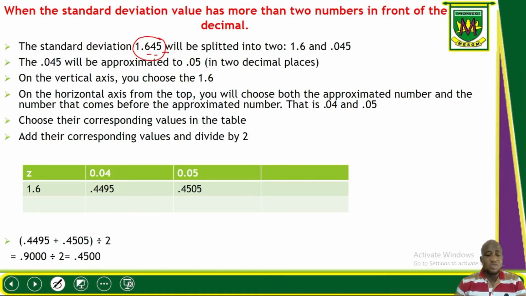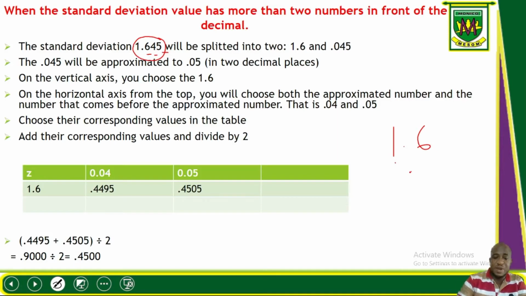The first thing to do is to consider the standard deviation units 1.645. It will be split into 2: 1.6 and 0.045.